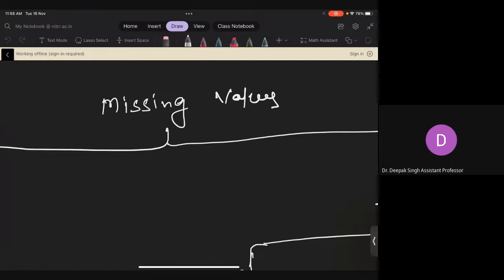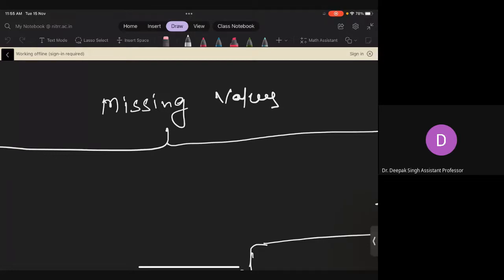Although those are not our point of consideration right now, we will consider only a special case where I have a data set which is carrying missing values.